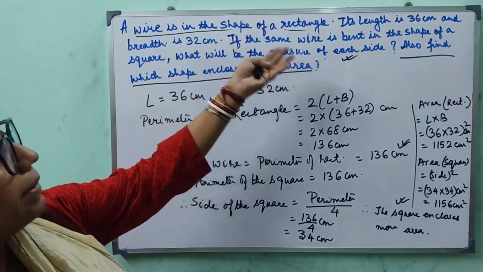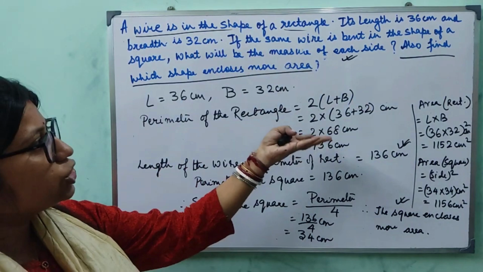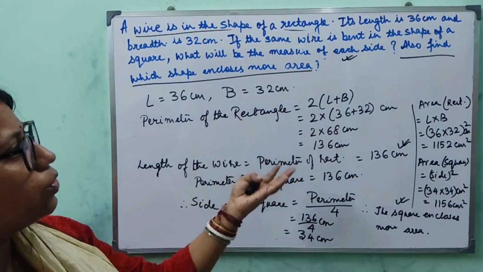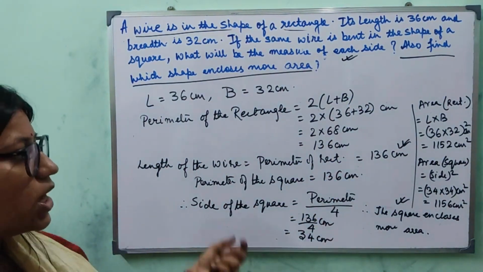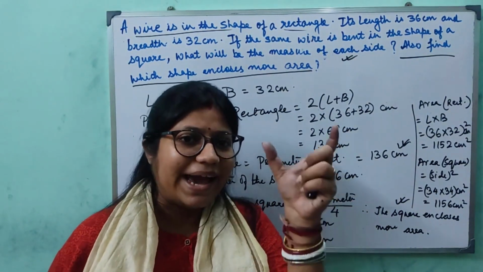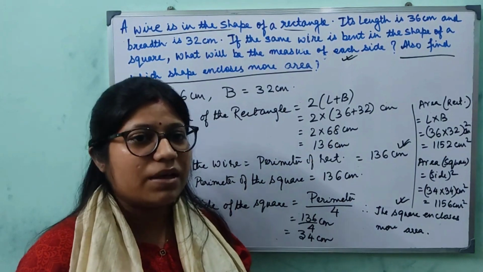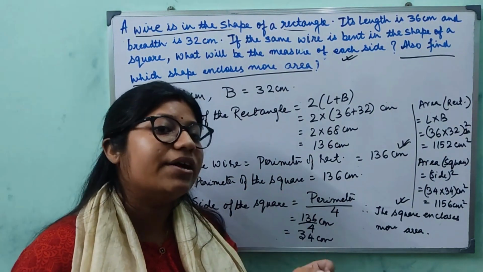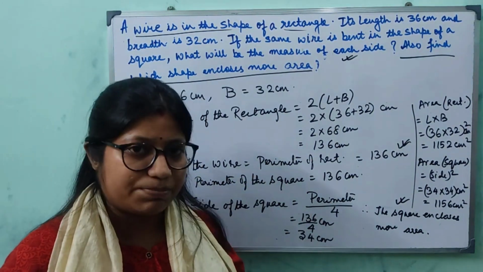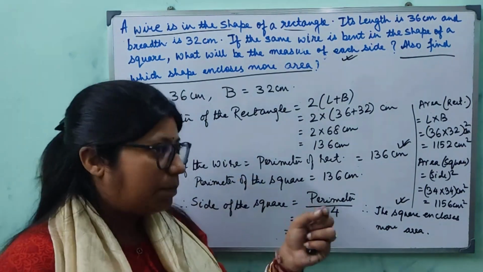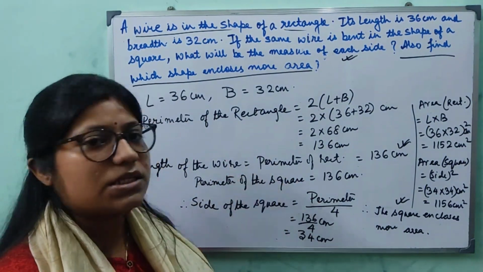It can be a rectangle bent into a circle, or a circle bent into a square, whatsoever it is. The basic concept behind this is that the perimeter for all the shapes will remain the same, the reason being the same wire is used to make all the shapes. That is the basic concept lying in this sum.